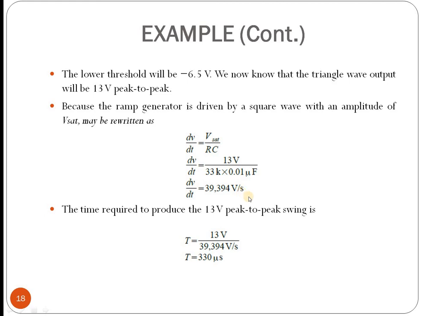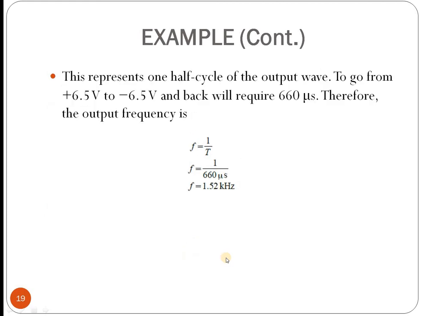From here dV by dt equals 39,394 volts per second. From here we can get the time t. So t equals 13 volt divided by 39,394 volts per second, so the time is 330 microsecond. This 13 volt is the peak to peak swing, so that 330 microsecond was for one half cycle.